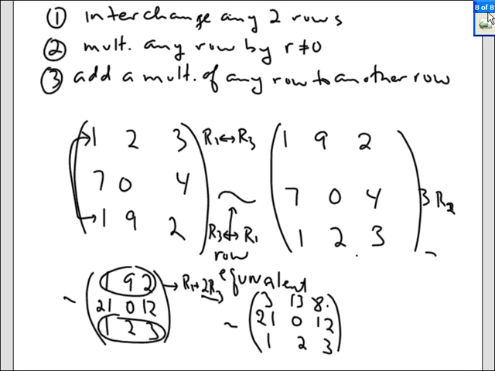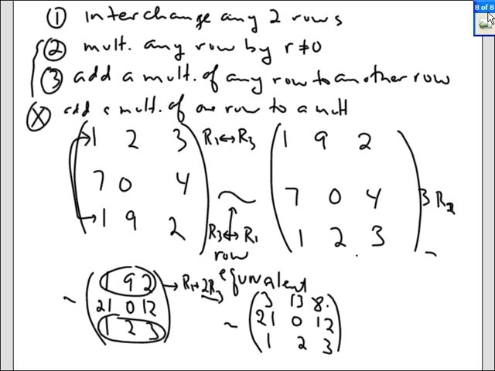Now, I like to combine 2 and 3. We'll call it star. You can add a multiple of one row to a multiple of another row.